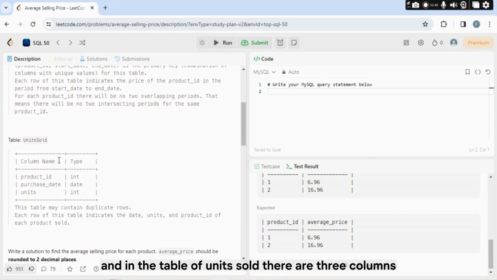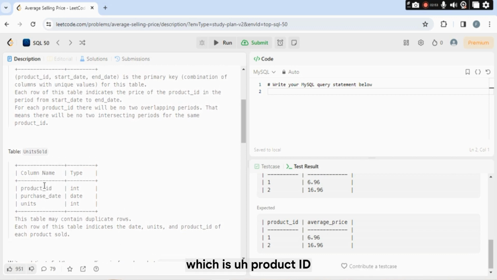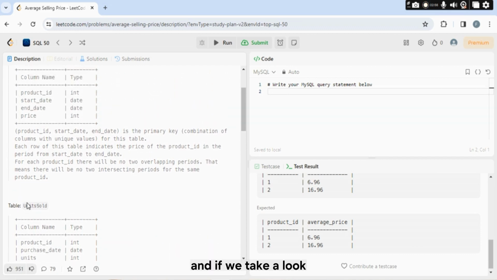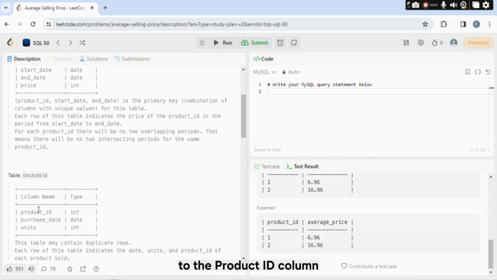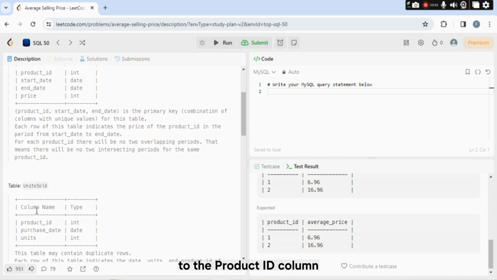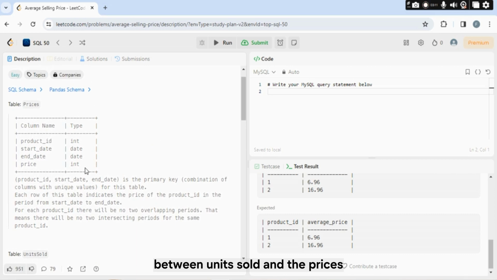And in the UnitsSold table there are 3 columns: product ID, purchase date, and units. If we take a look at the product ID column, we have a similarity between UnitsSold and Prices.